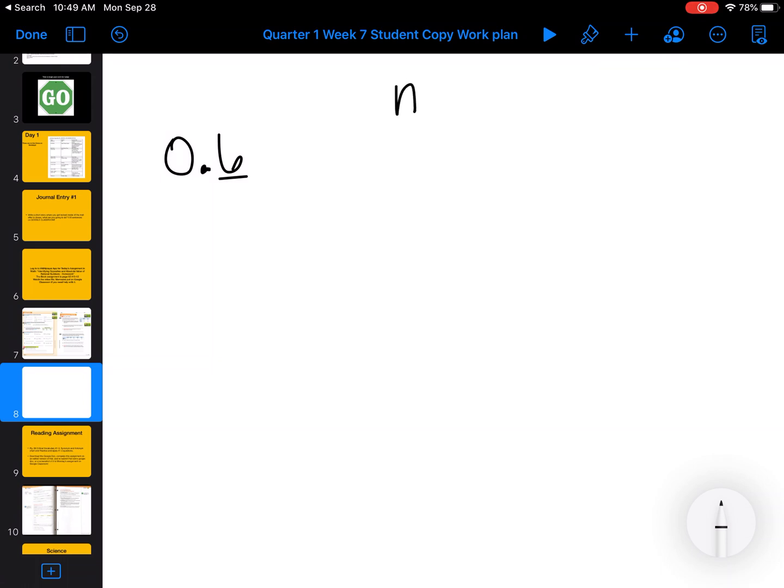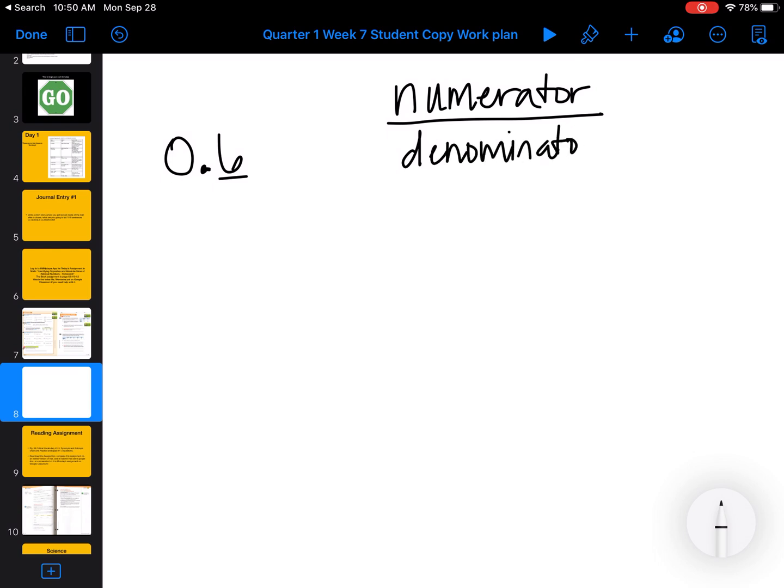And remember, a fraction is the numerator over denominator. So the place value tells you your denominator because this is in the tenths spot. It's going to be over 10. And then the actual number is the numerator.